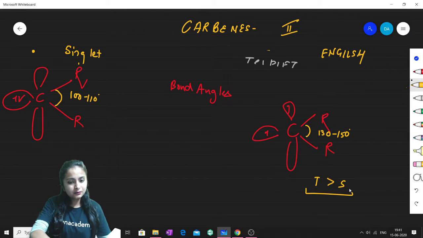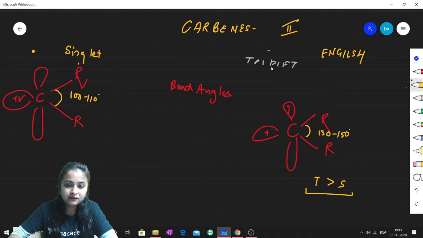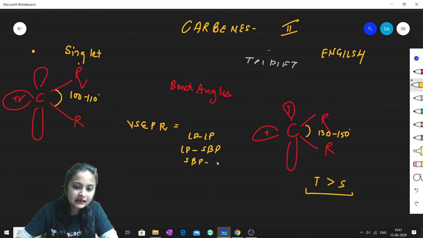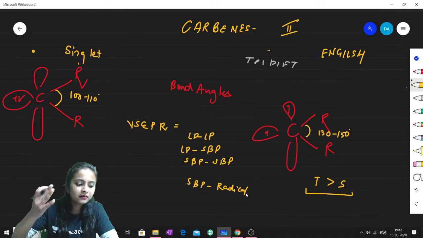You must be knowing one thing. If you have read chemical bonding, you must have read one point according to VSEPR. What is VSEPR? Valence shell electron pair repulsion theory. It used to say that the lone pair repulsion is most, then we have lone pair single bond pair repulsion, then single bond pair and single bond pair repulsion, and after this single bond pair and radical repulsion.